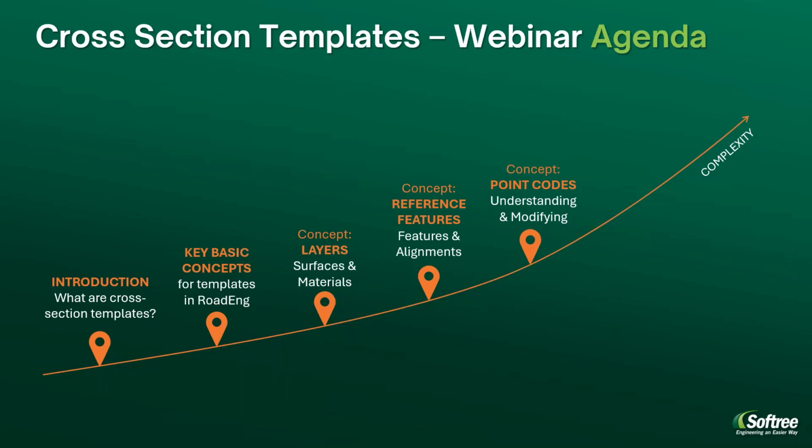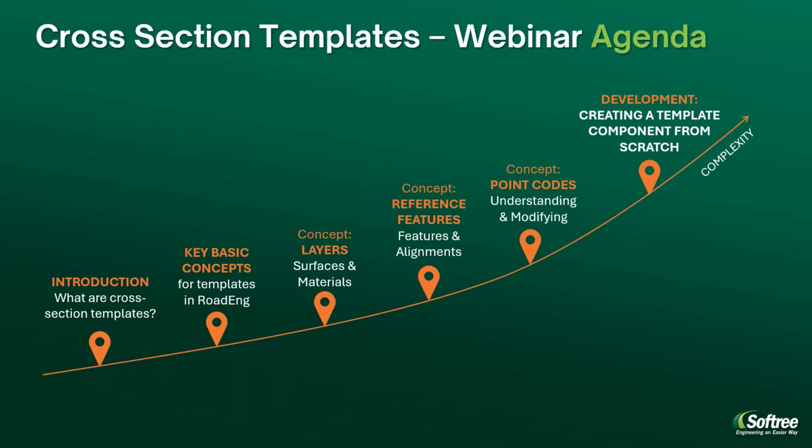The next one, we're going to talk about our point codes, how to understand what point codes are, if you want to modify them, and the role that they play in our final and most complicated topic. And I'm going to say, in all of our entire RoadEng universe of topics, cross-section templates are probably one of our more complicated ones. And our final topic here really is the most complicated thing you can do in our software.